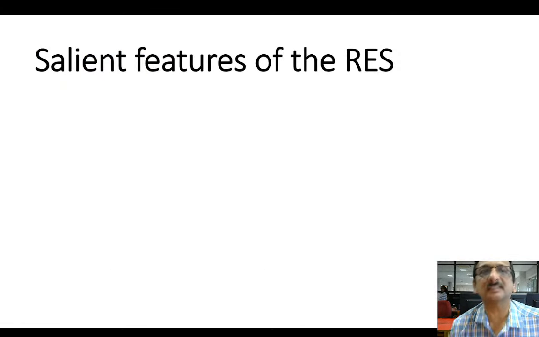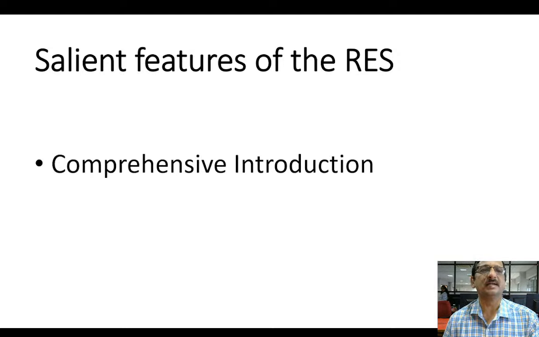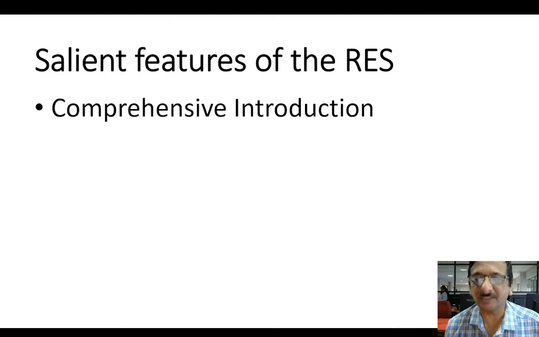Then what are the salient features of the RES, that is renewable energy sources? First is a comprehensive introduction, meaning what the energy scenario is in the world, in India and in Karnataka, what the demand and supply are, and what the problem is with each.